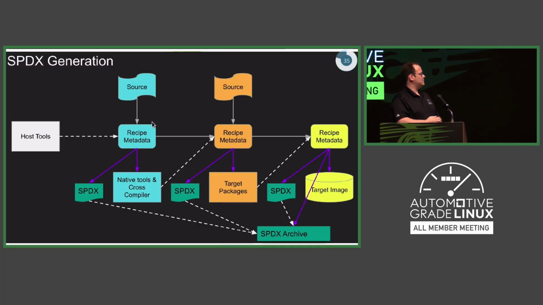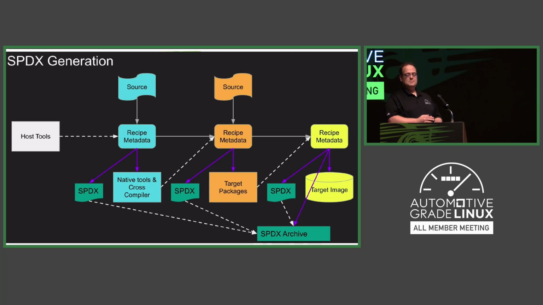So we have all the pieces, actually, because each step does produce SPDX metadata, and we basically can follow that chain back up. That tooling does not exist yet, but it's being worked on. Also, SPDX is being further developed.